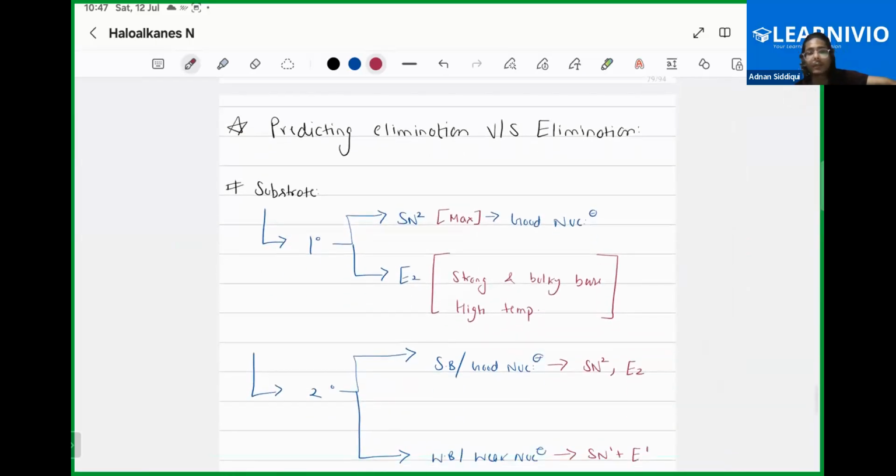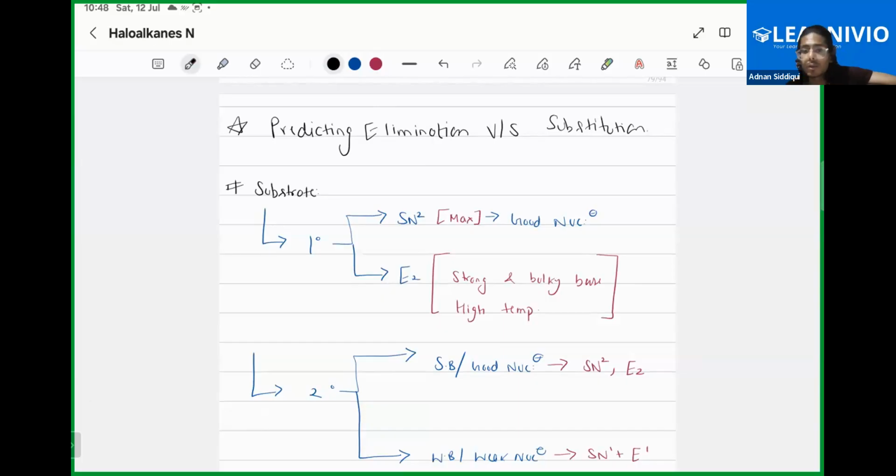Now, how can you predict whether you should go for elimination or substitution? Suppose you have a 1 degree substrate. For 1 degree substrate, you will always go for SN2. SN2 will be maximum if you have a good nucleophile, right?